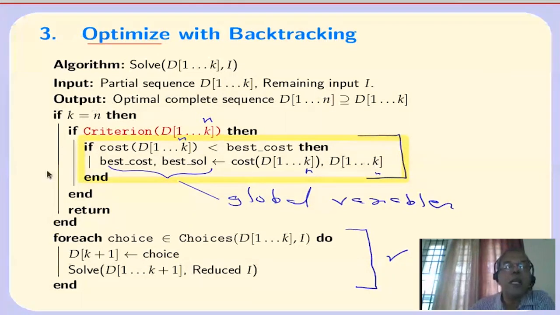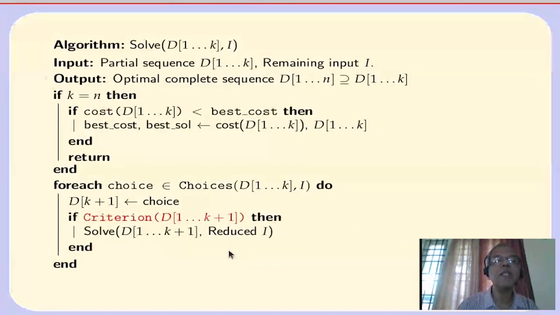When the algorithm runs to completion, the two global variables best cost and best solution will contain the best combinatorial object and the cost of the combinatorial object. The argument that I made for moving the criterion from here to here still holds good, and therefore we have another version of the algorithm.